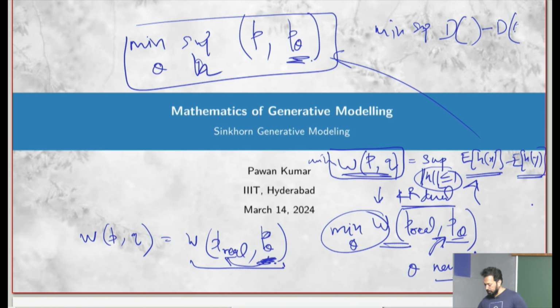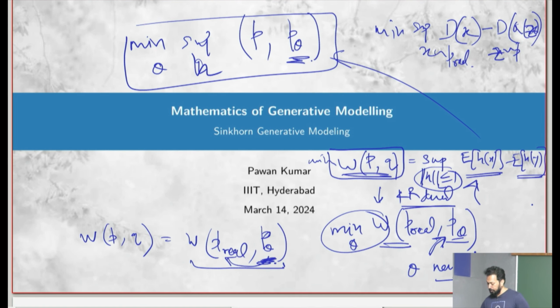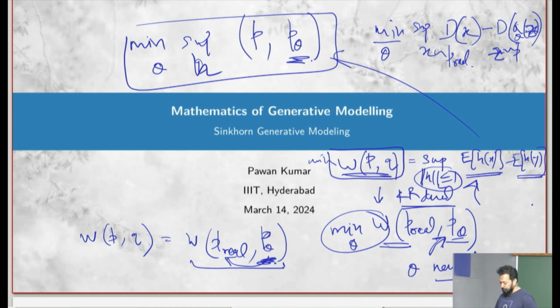G takes the noise, and X is from the generator, and X also comes from the real data. Eventually everything boils down to minimizing over theta, because the generator is parameterized by theta. So this was one way to derive a generative model, and what we got is WGAN, or Wasserstein GAN.